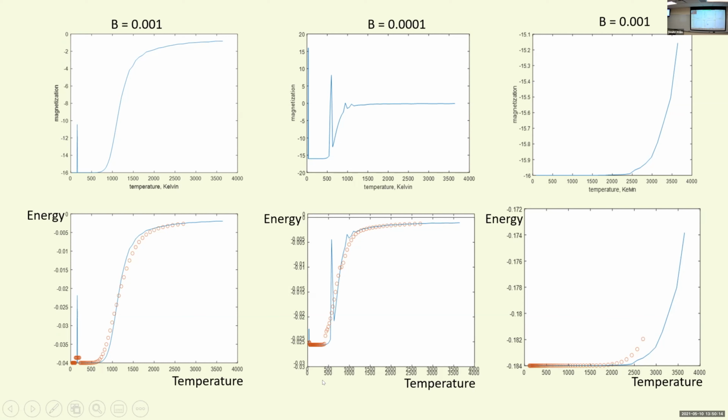Is that at the ground state? Then, if it is, can you explain why it decreases for a weaker value of B?